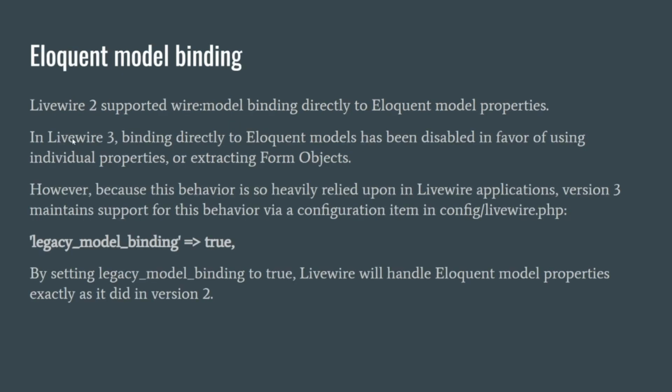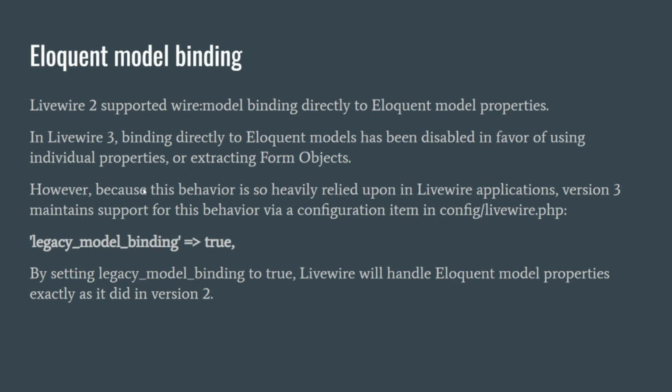The other change from Livewire 2 to Livewire 3 is Eloquent model binding. In Livewire 2, there was support for binding the properties of a specific model using wire:model, while in Livewire 3 the binding has been disabled.